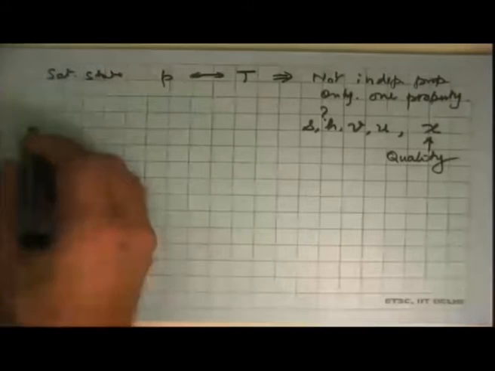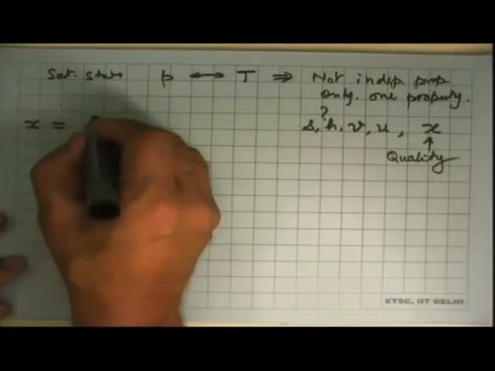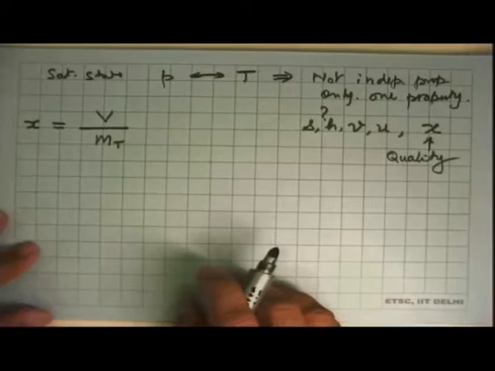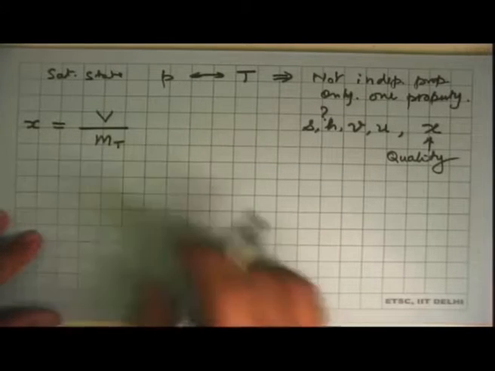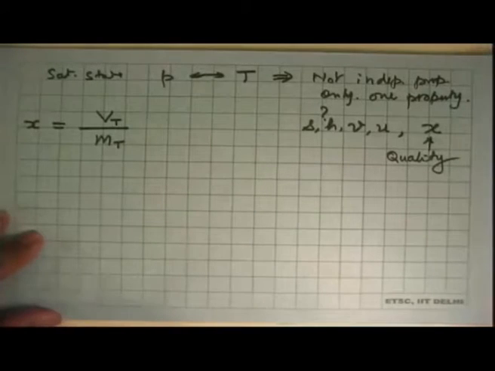The way we defined X is that X is equal to the mixture volume divided by the total mass of the substance in that. What we mean by this, we can call it V total upon M total, meter cube per kg.